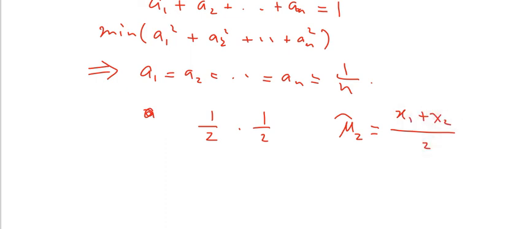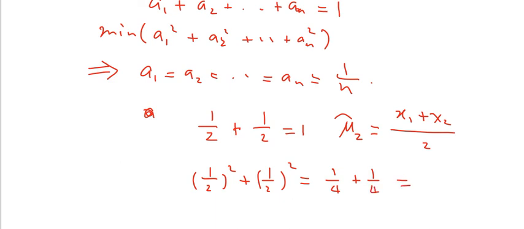We add them up and they equal 1. And their squares: 1 over 4 plus 1 over 4. So in this case, it's 1 over 2. The sum of their squares is 1 over 2.